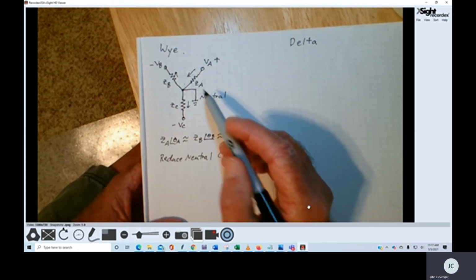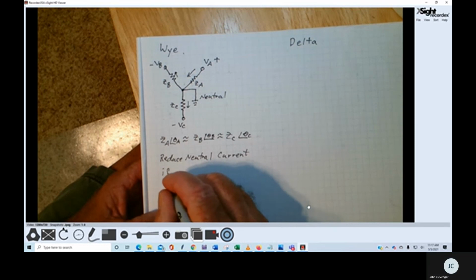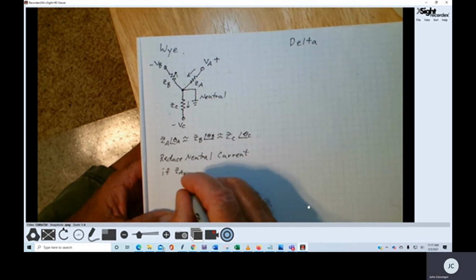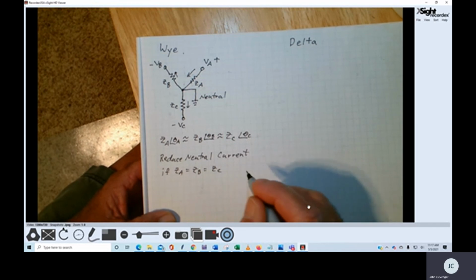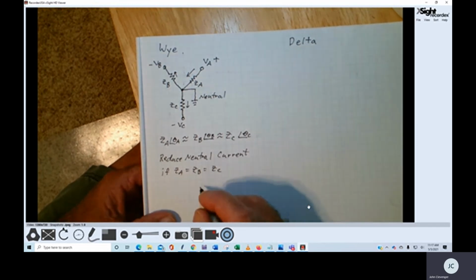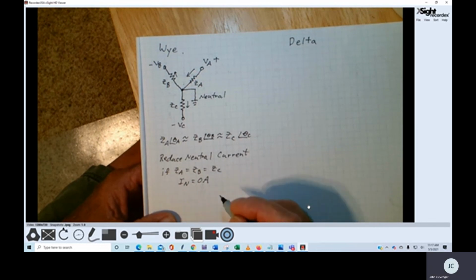But if ZA equals ZB equals ZC, both in magnitude and phase, then this neutral current will be 0 amps.